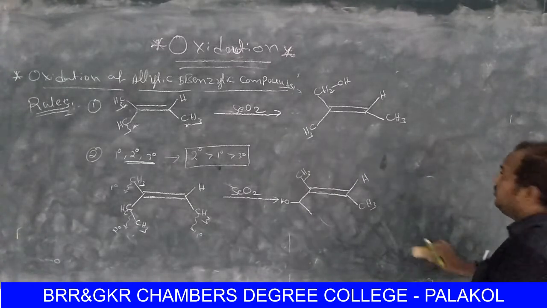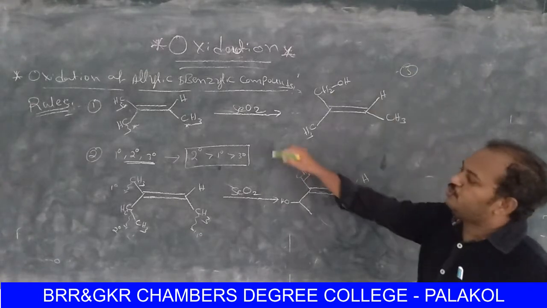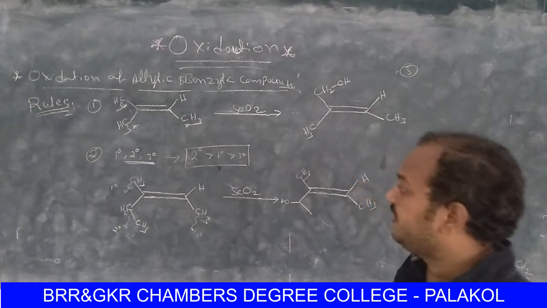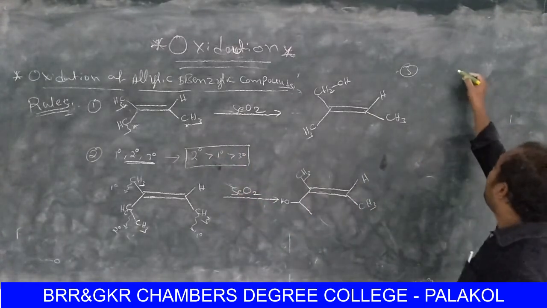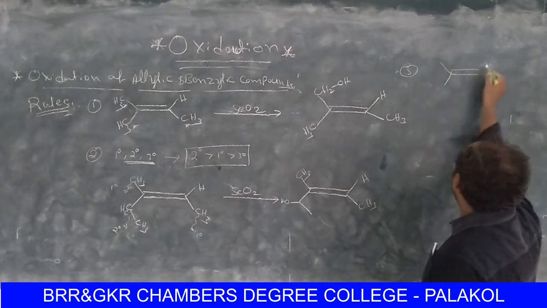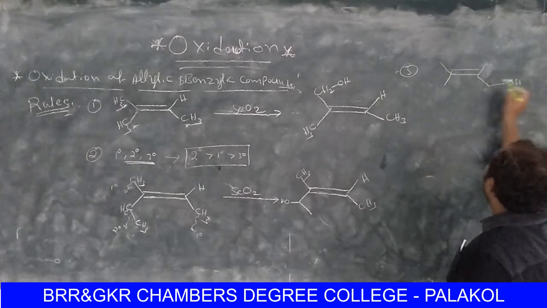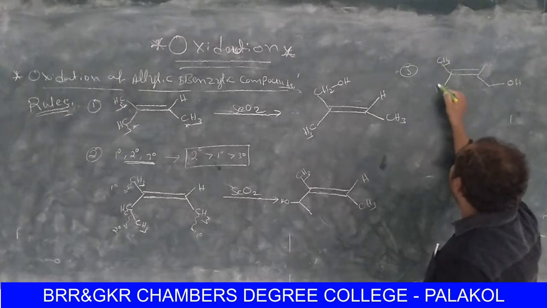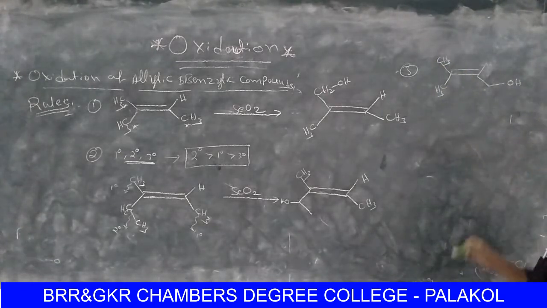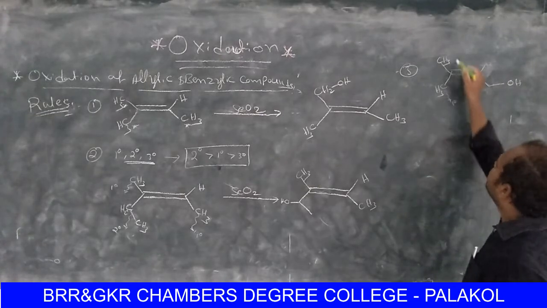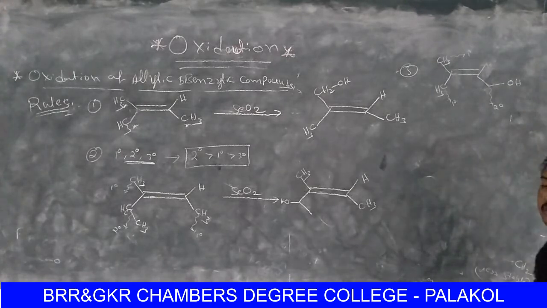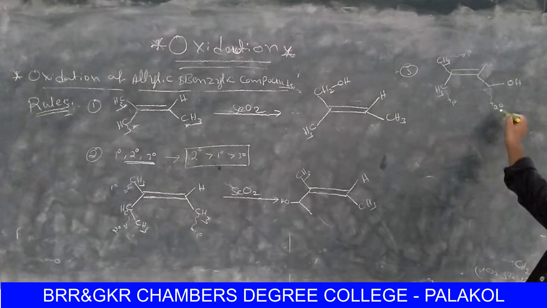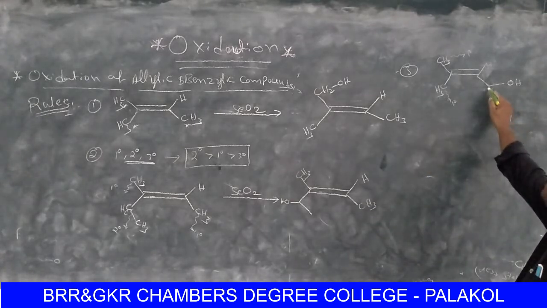Suppose two rules are involved in the compound, and there is competition between the first rule and the second rule, right? For example, suppose you have a compound like this, with OH here, CH3 here and CH3 here. Take a look here. This is primary, this is also primary, this is secondary. According to the second rule, oxidation must take place only at this position.